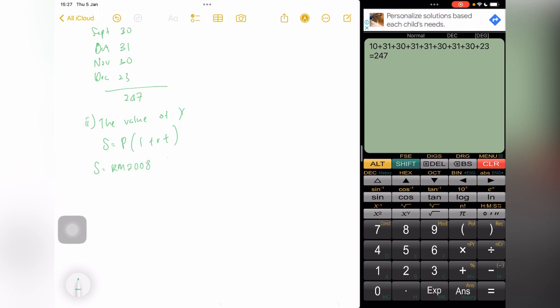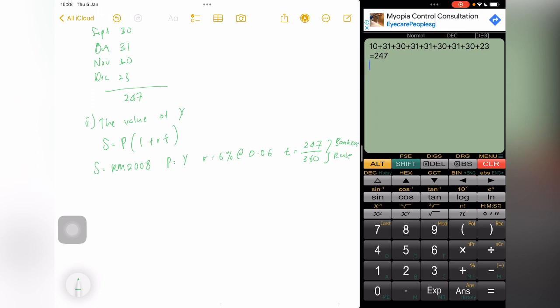P is Y. R is 6%, or 0.06, and T is 247 days over 360 days. The reason for 360 days is because we are using the bankers rule.